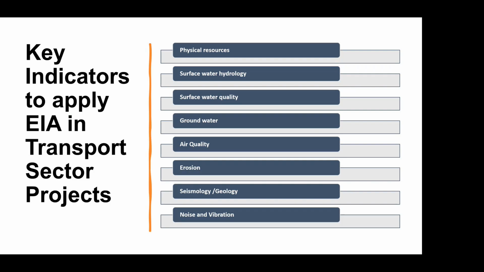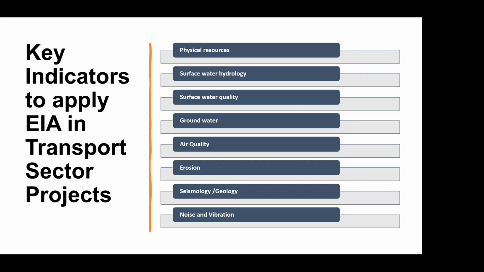Different types of chemicals may also be used in both the construction and operation phases of projects such as highways and roadways. Highway projects could also affect surface water quality due to spills of material arising from accidents, or when you want to stabilize the road. So it is very important to study surface water quality as well.